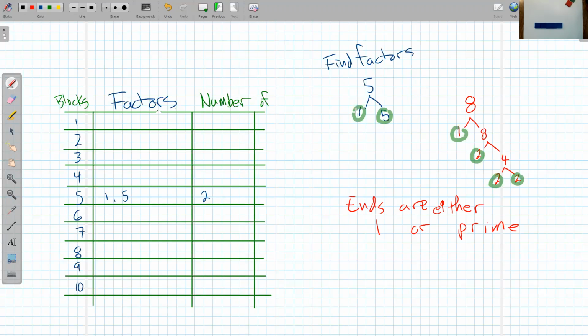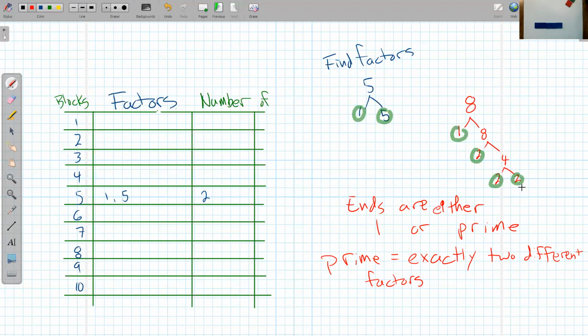And one is not considered prime, by the way. Something is prime if it has exactly two different factors, no more, no less. And sometimes when we make factor trees, we only do prime numbers, we don't put one in. I just put one in there for the heck of it.